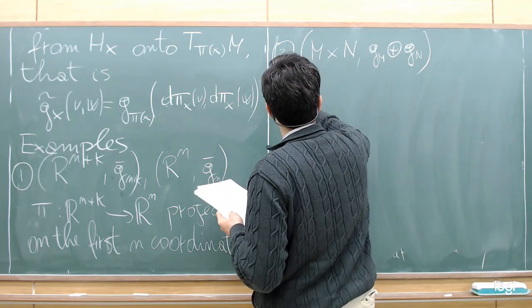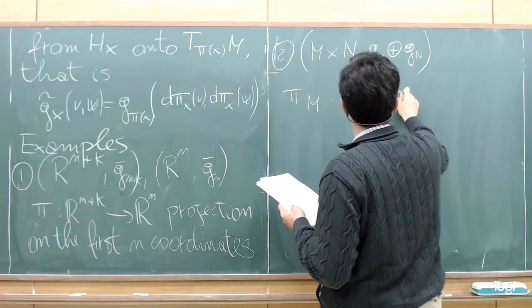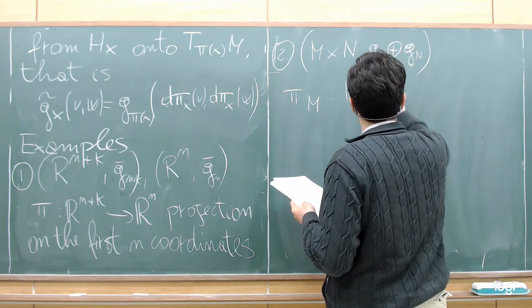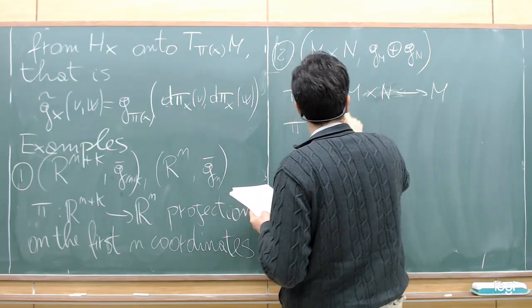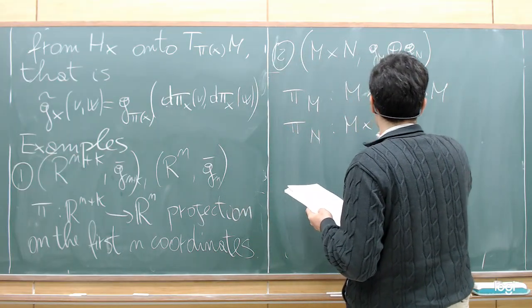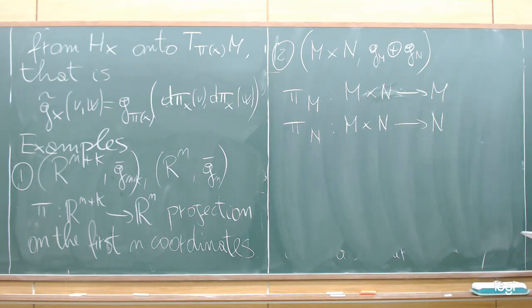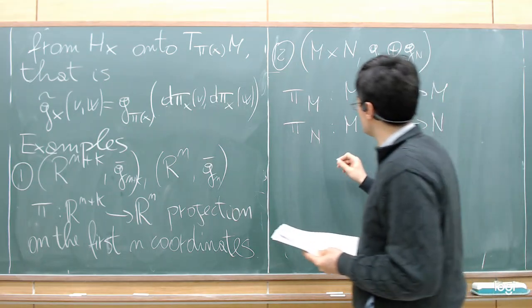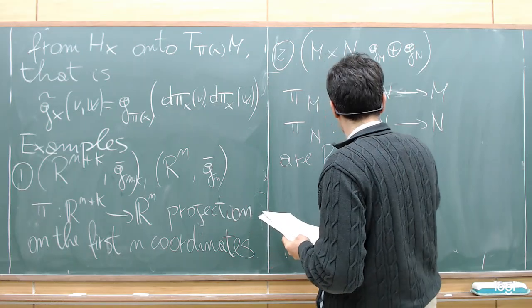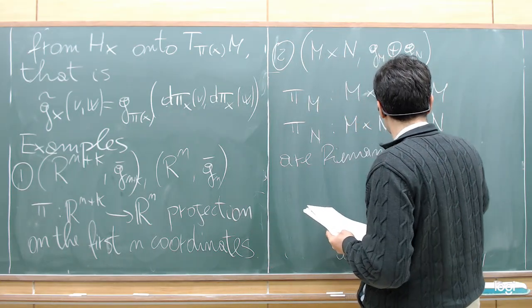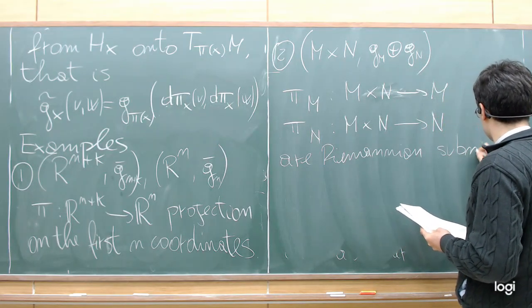And consider the maps pi M from M times N to M, and pi N from M times N to N. These two maps are Riemannian submersions.